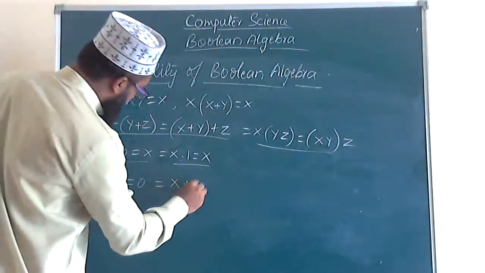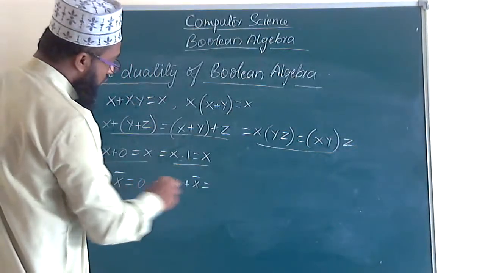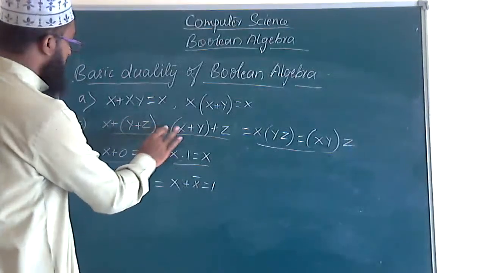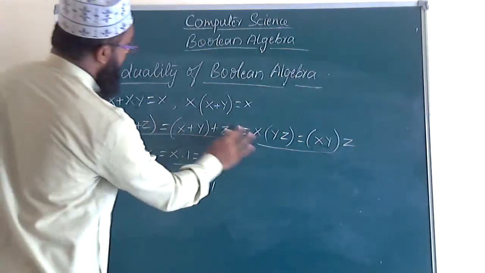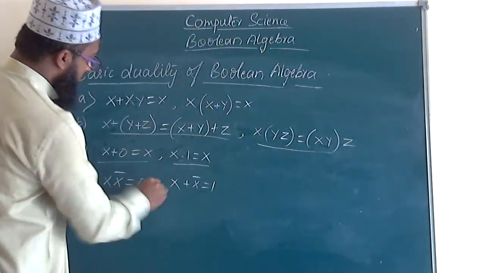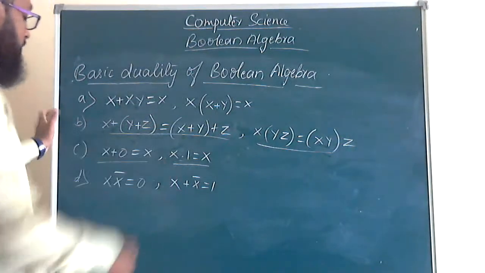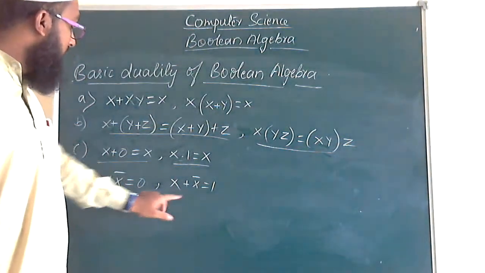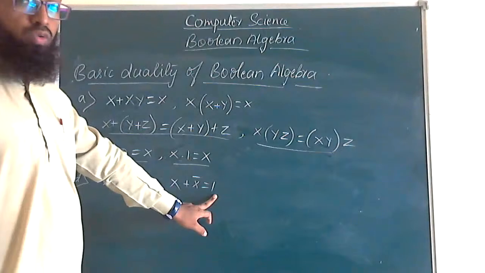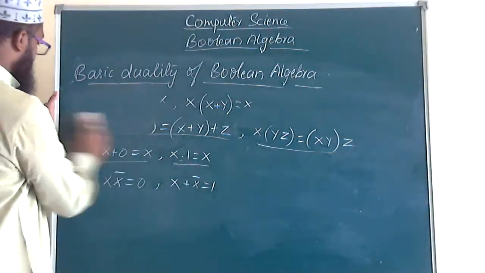Then x bar take as it is, which is equal to, change every 0 to 1. So that you have to understand this. X into x bar is equal to 0. For that, change AND sign to OR sign and every 0 to 1. Now I will take some more examples for this.